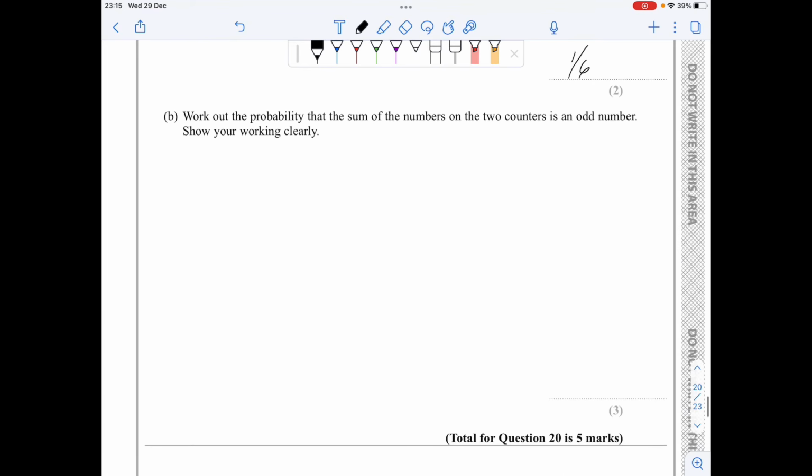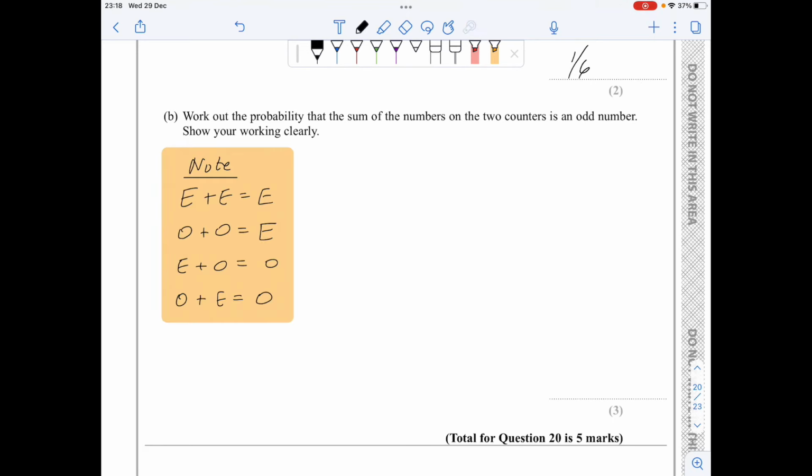Now for part B, let's make a note first. Adding 2 even or 2 odd numbers will give me a sum that is an even number, while adding an even and an odd number in any order will give me a sum that is odd.